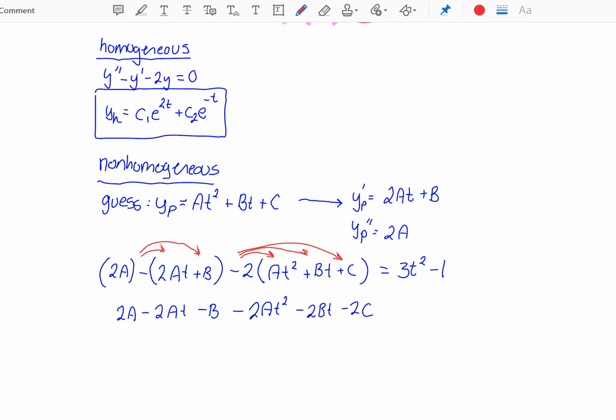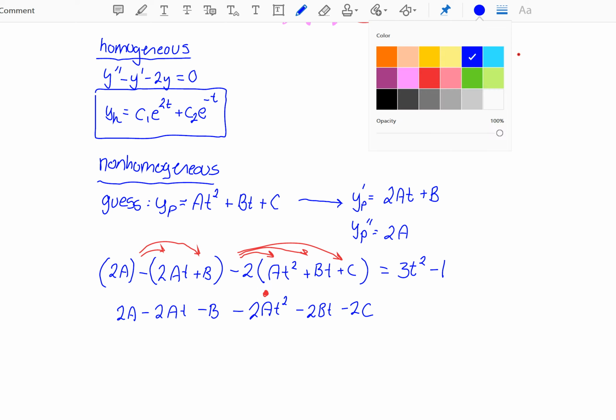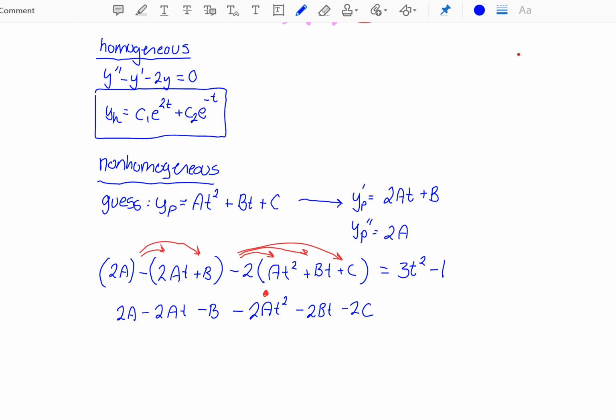Now let's combine terms and rewrite this in descending order. We first have a t squared term, so let's write that first. So I have a negative 2a t squared. I'm breaking off the coefficient so I can see the coefficient separately from the t squared.